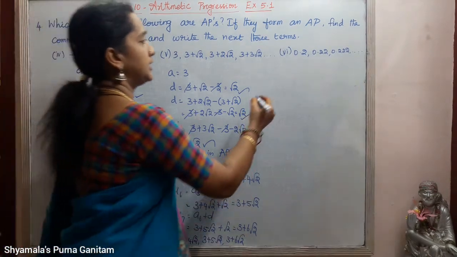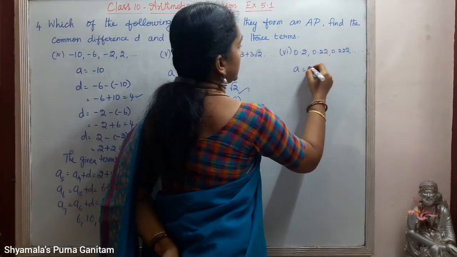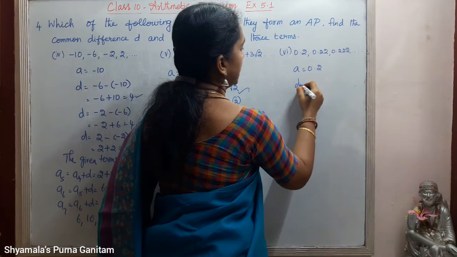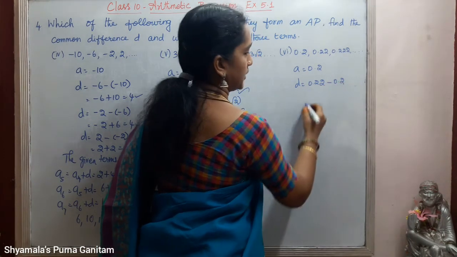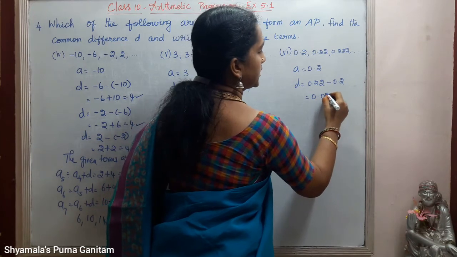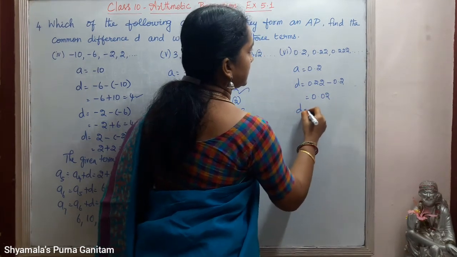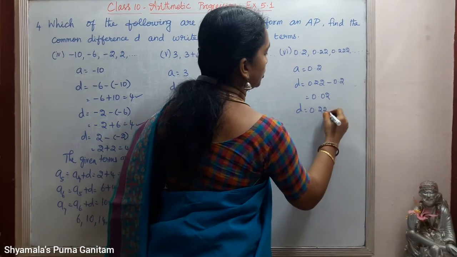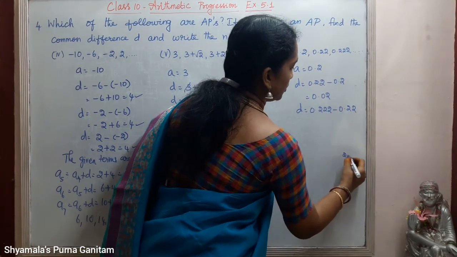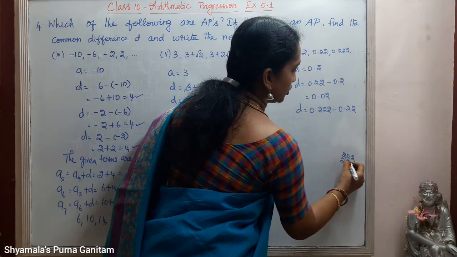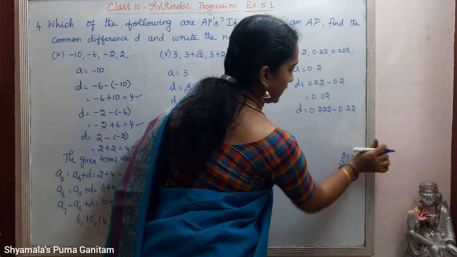Then the last sum: A is equal to 0.2 and D is second term minus first term. So the difference will be 0.02. Then the next difference is 0.222 minus 0.22. So 222 minus 22 means 002 we will get.